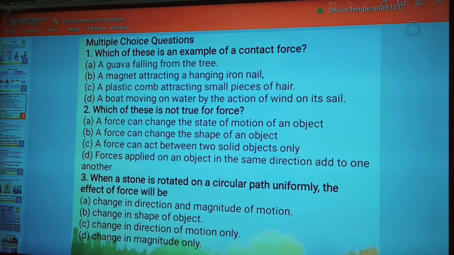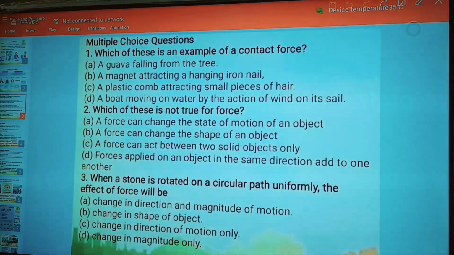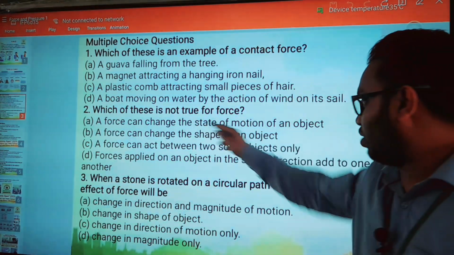So option C is wrong because there is no solid proof that force can only act between two solid objects. It can work on any object if there is contact between anything and you give pressure on the object. Very good. So here, option C is correct. It is not true.